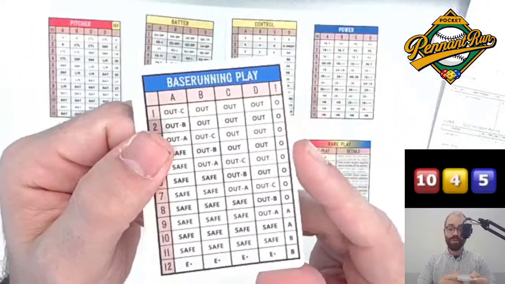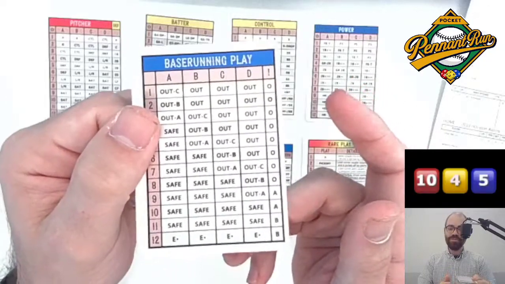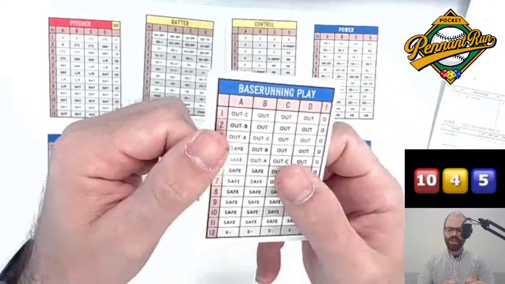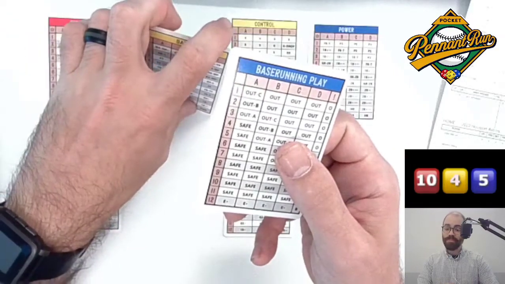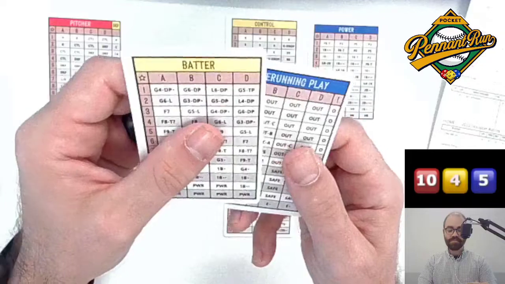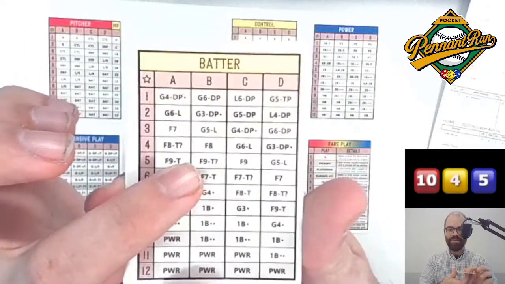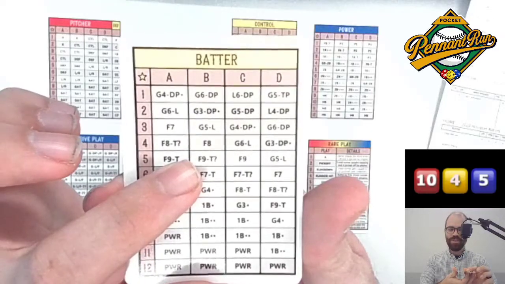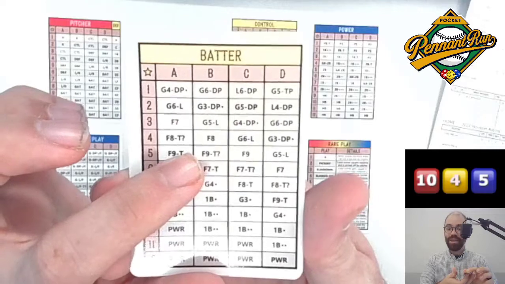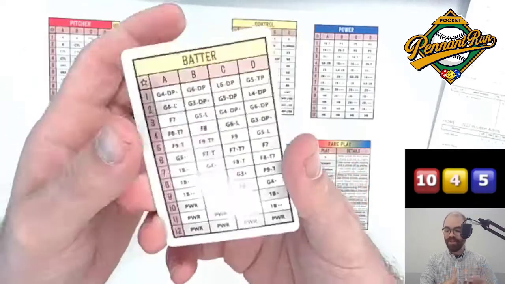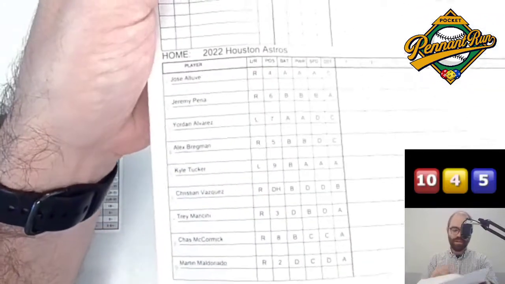We would look both at the runner's speed as well as the defense of the outfielder that the ball was hit to. So let's say that Schwarber is on third base and there's less than 2 outs, and the batter, whoever that may be, lands on F9T question mark. That means there's a fly ball hit to the right fielder, and Schwarber has the option of tagging up. Let's take a look at who's in right field for the Astros.